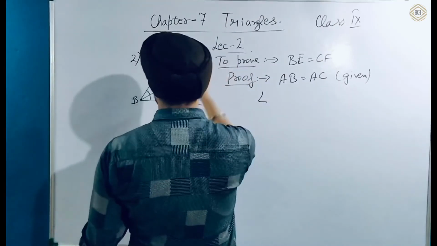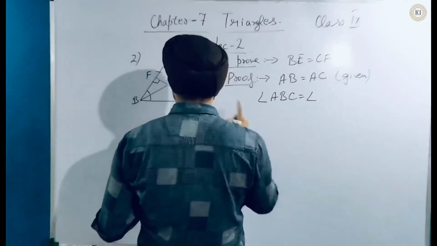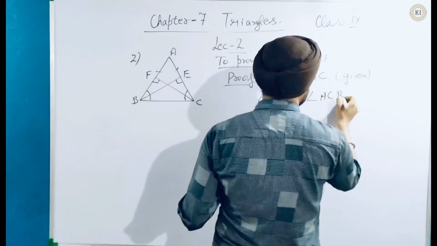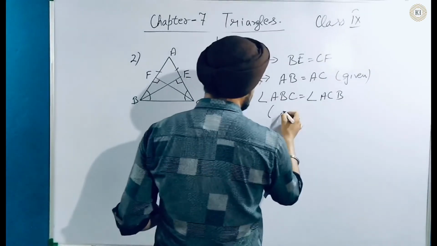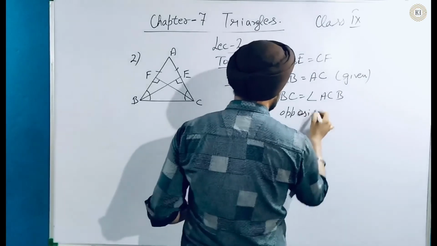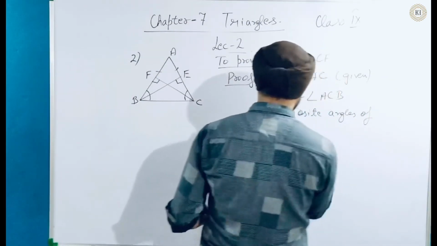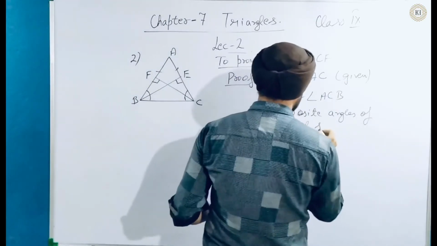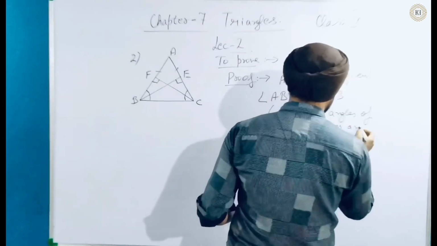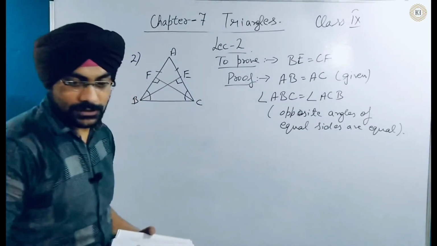So angle ABC will be equal to angle ACB. Reason: angles opposite to equal sides are equal. This is according to the theorem.